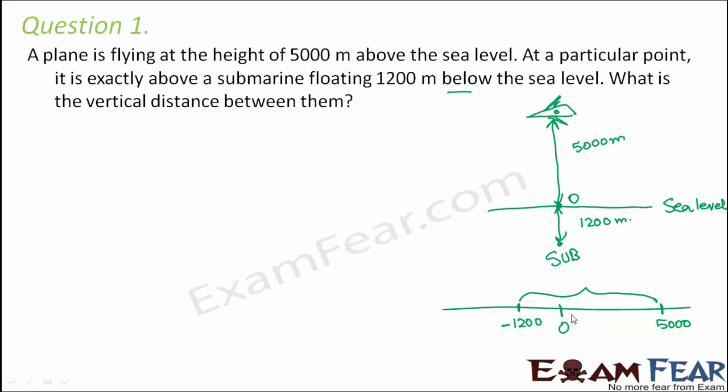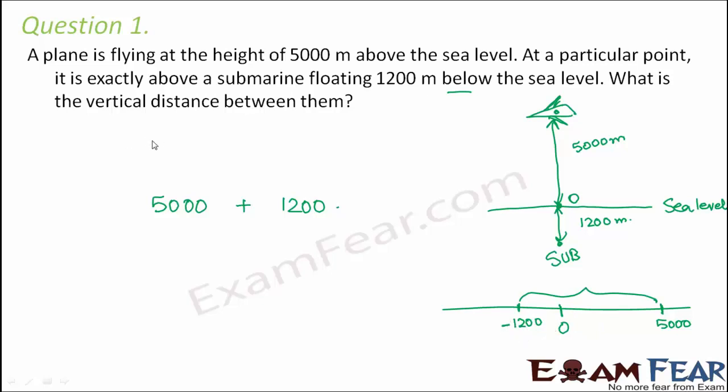So how would you find this entire distance? The entire distance between them would be nothing but 5000, that is this distance, plus this distance, that is plus 1200, right? You might ask why plus 1200, why not minus 1200?